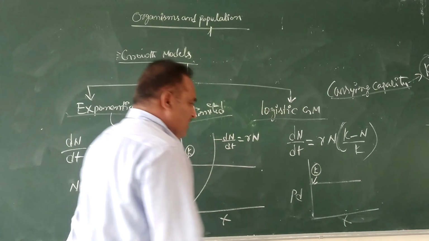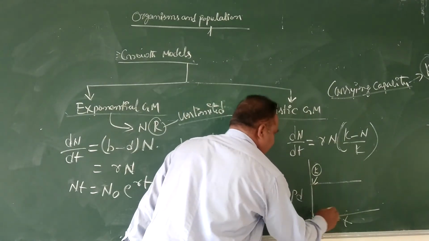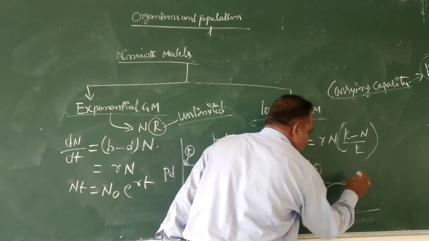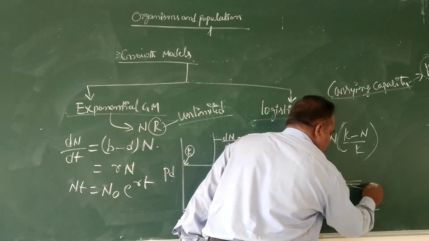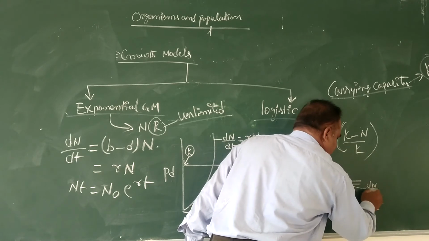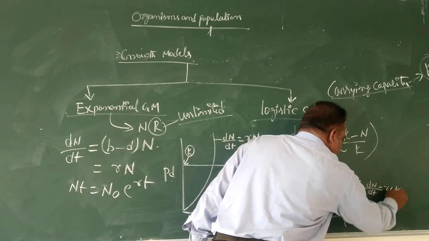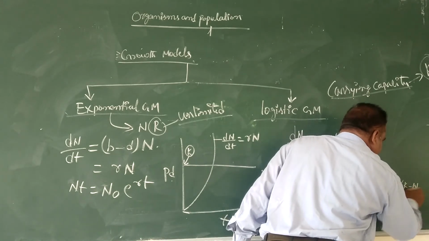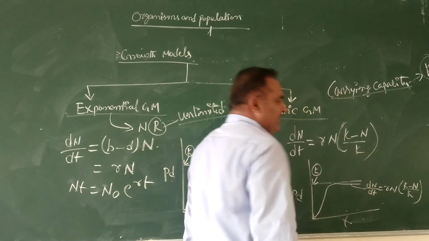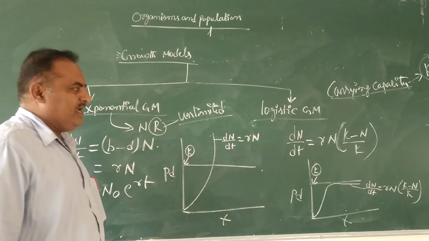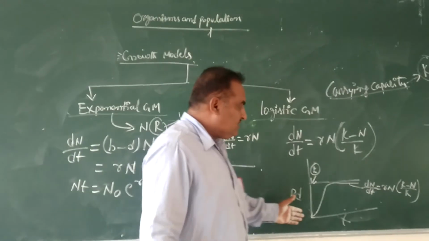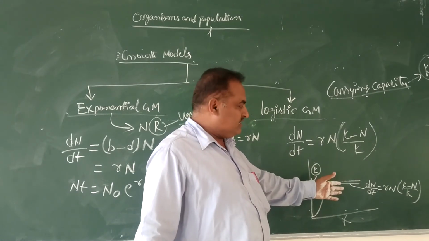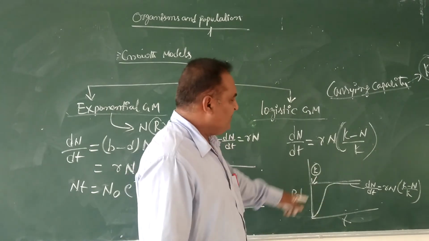Here an S-shaped curve is produced in the case of logistic growth. The S-shaped curve shows the equation dN/dt equals rN (K minus N) by K. It is the realistic S-shaped curve, which is considered the sigmoid curve.